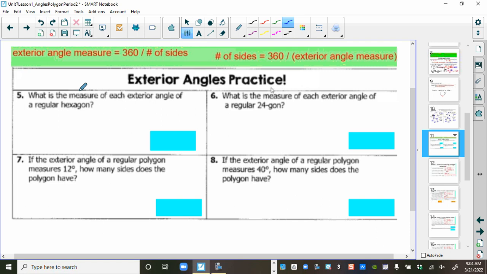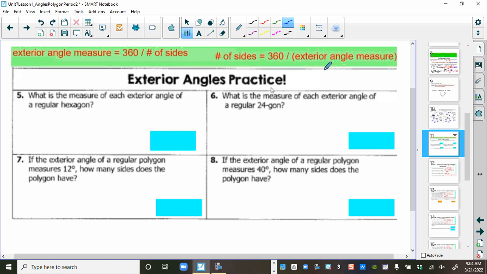That's what we have going on here. But no matter what, with the exteriors, you're either looking for the measure of each angle or the number of sides. All you're doing is dividing 360 by whatever number they're giving you.